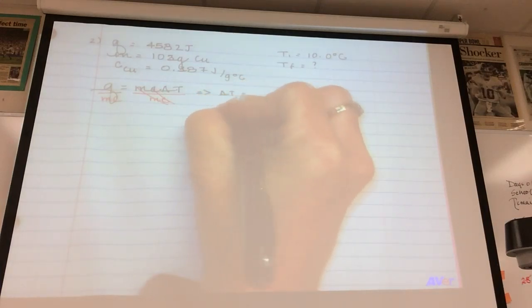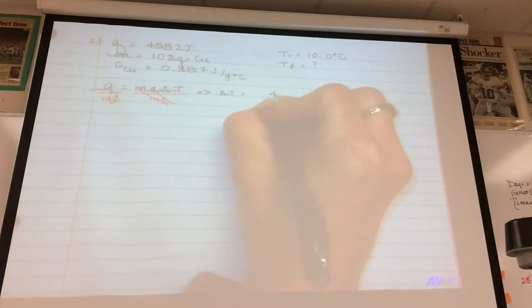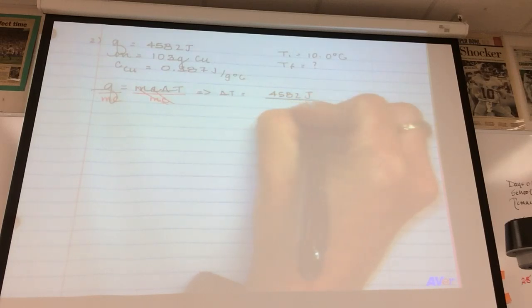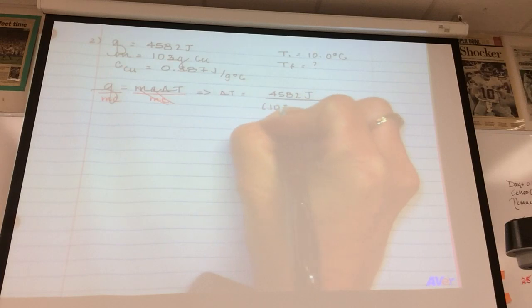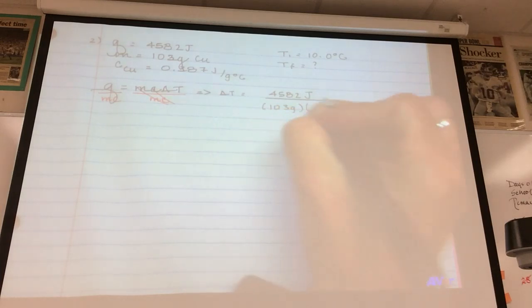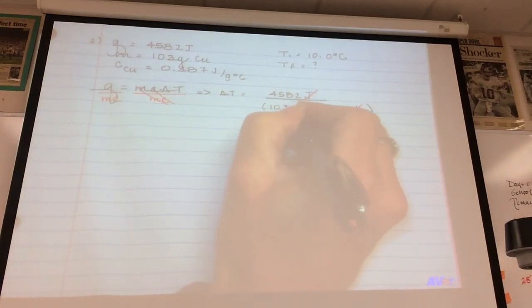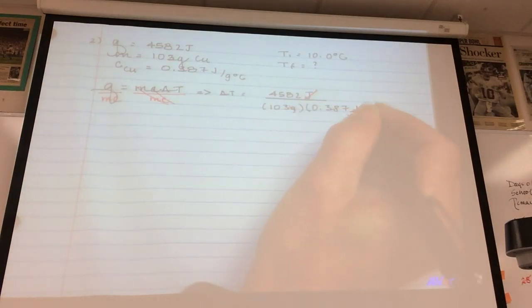I'm going to solve for delta T, and I do that by dividing both sides by mc. So delta T is equal to Q over (103 grams)(0.387 joules per gram degrees Celsius). My joules cancel, my grams cancel.